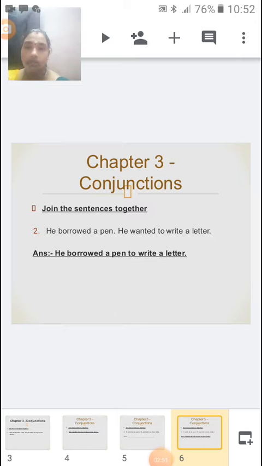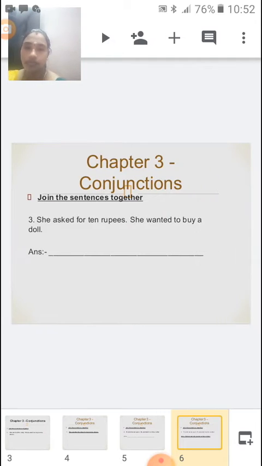Okay, next one. She asked for 10 rupees. She wanted to buy a doll. Here we have "she" in two places, so that is the main issue.